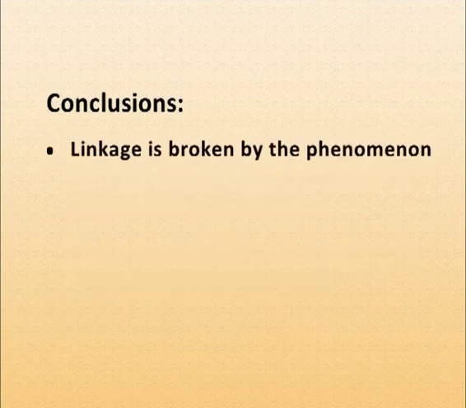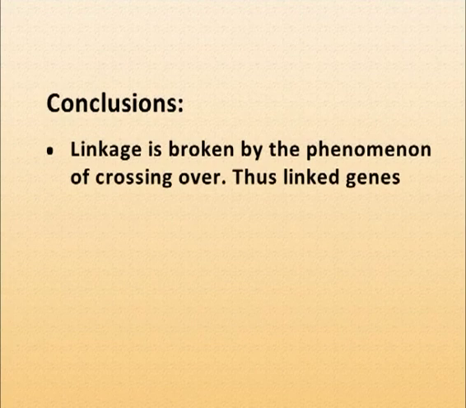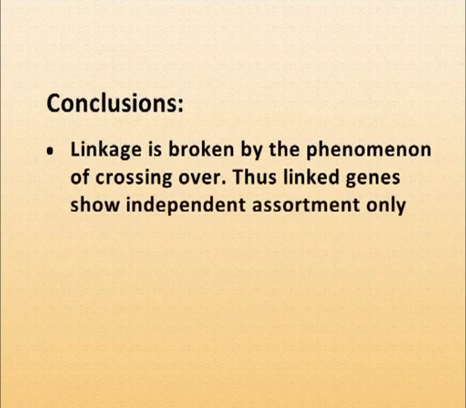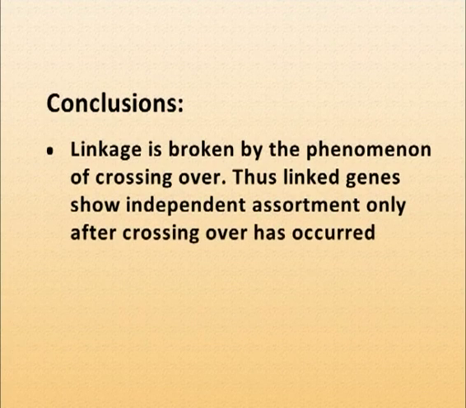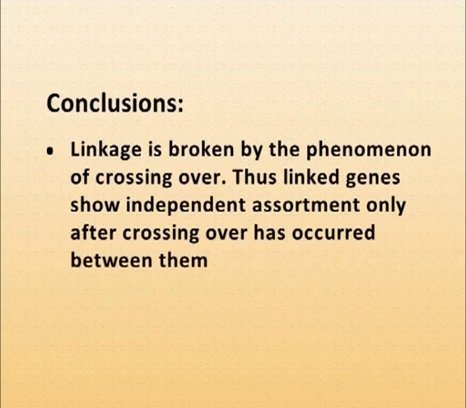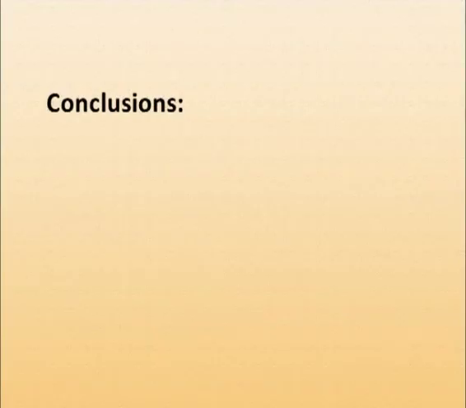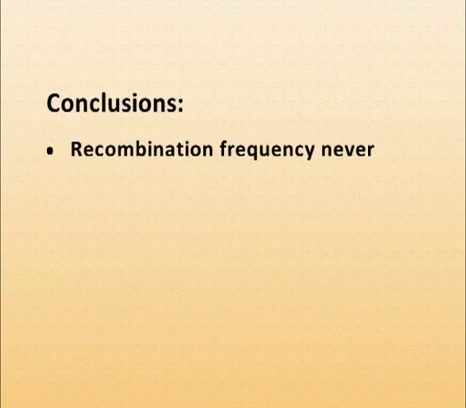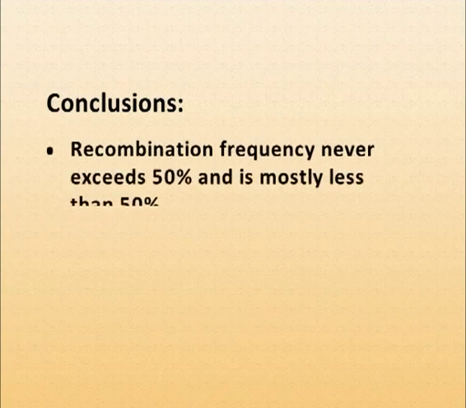Linkage is broken by the phenomenon of crossing over. Thus, linked genes show independent assortment only after crossing over has occurred between them. Crossing over reshuffles the genes between two homologous chromosomes. The genetic consequence of crossing over is the formation of recombinants. Recombination frequency never exceeds 50% and is mostly less than 50%.